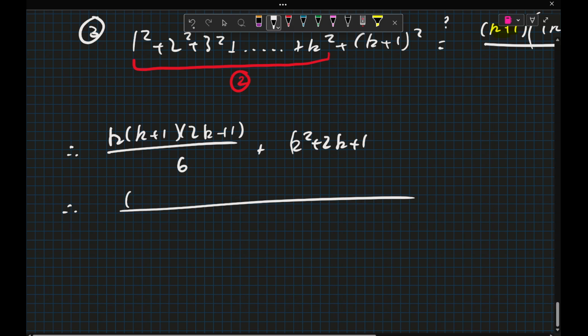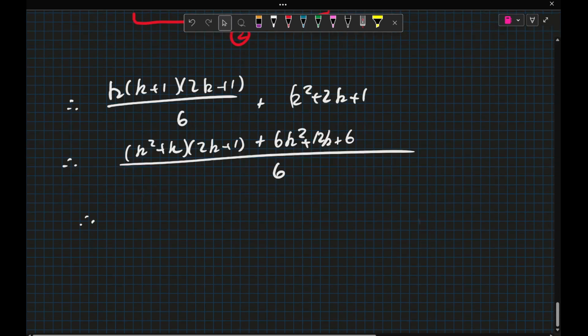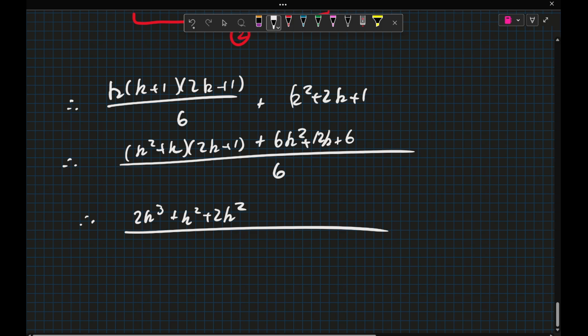We'll have k squared plus k multiplying with 2k plus 1, and then a 6k squared plus 12k plus 6 on the top, over 6. Now expanding these out, we get 2k cubed plus k squared plus 2k squared plus k, plus 6k squared plus 12k plus 6, over 6. It does take a lot of concentration with these.